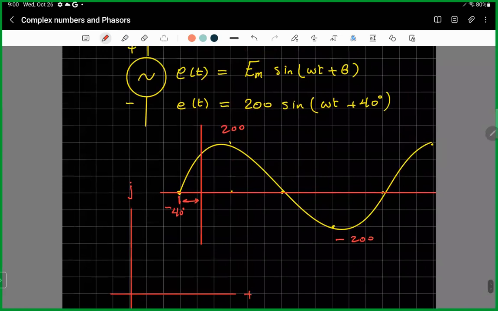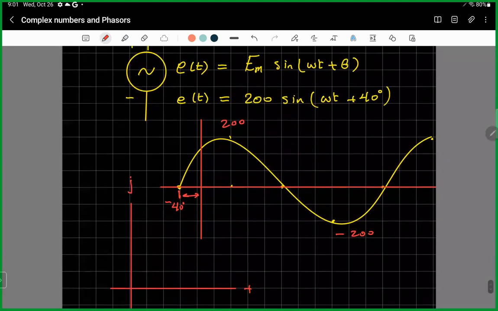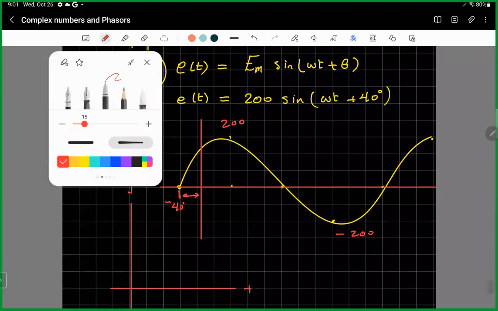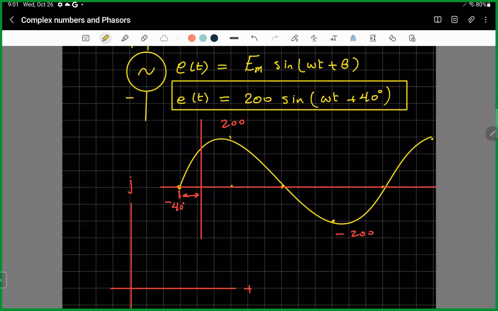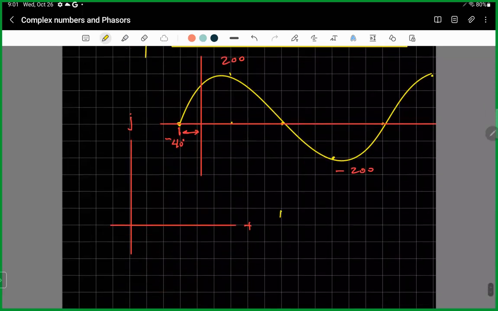You remember last time we said that the phasor representation will be E. We make it capital letters. You got to know that. That's the instantaneous value of the voltage, but to represent it as a phasor, we say E.